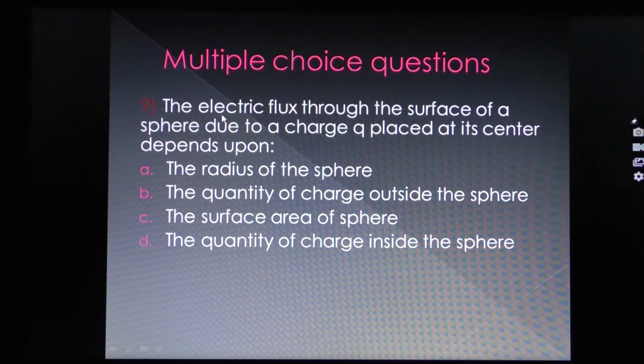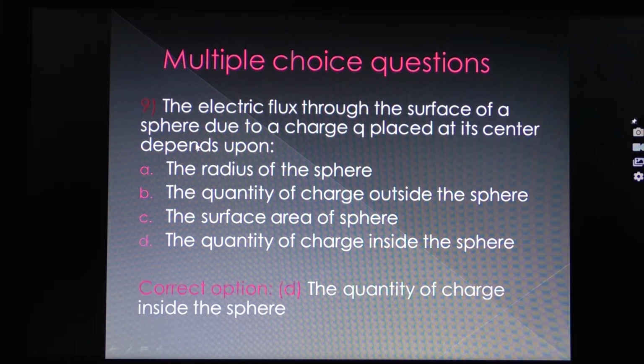Number 9. The electric flux through the surface of a sphere due to a charge Q placed at its center depends upon: A. the radius of the sphere, B. the quantity of charge outside the sphere, C. the surface area of the sphere, D. the quantity of charge inside the sphere. So the electric flux, we are going to calculate its value through the surface of a sphere.